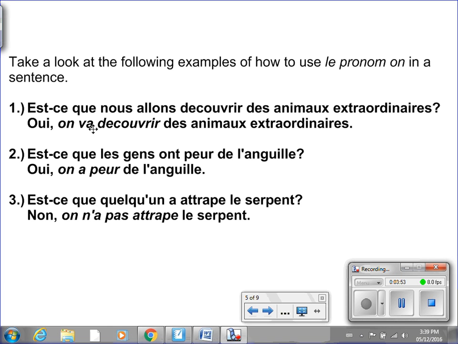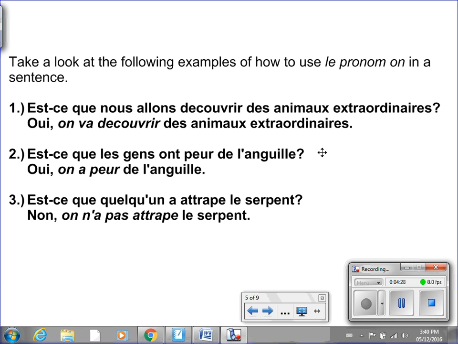Now what I did, I chose to write this in the affirmative, so I started with we. Instead of nous, I took out nous and put in on. Allons comes from aller. And I think back to my conjugation chart for allons, and I know that il and elle conjugates to va. So on va, and then découvrir, it's already done here for us, des animaux extraordinaires.